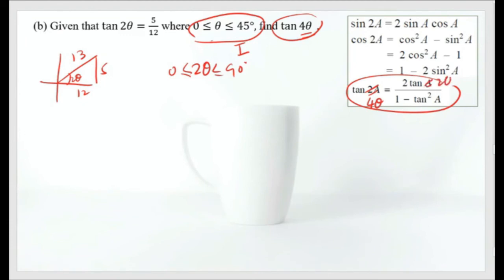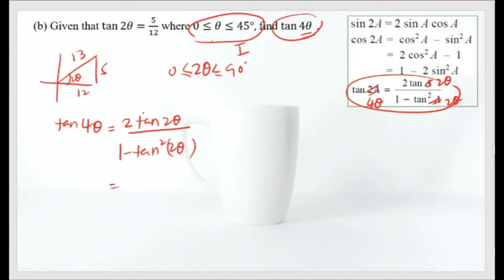So 2 to 4, 2 multiplied with 2 theta becomes 4 theta. So this is what we want. So I want you to find tangent 4 theta. Tangent 4 theta equals 2 tangent 2 theta over 1 minus tangent square 2 theta.